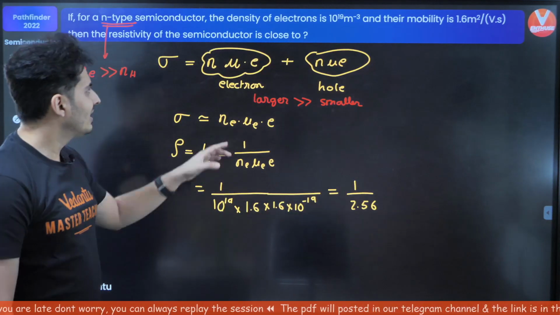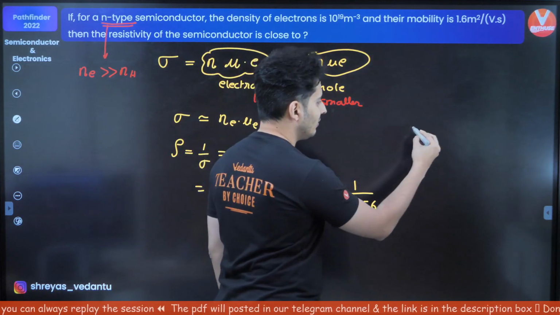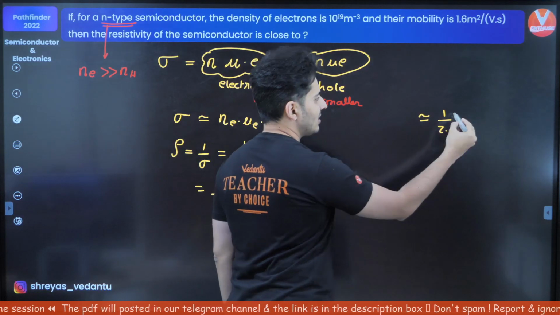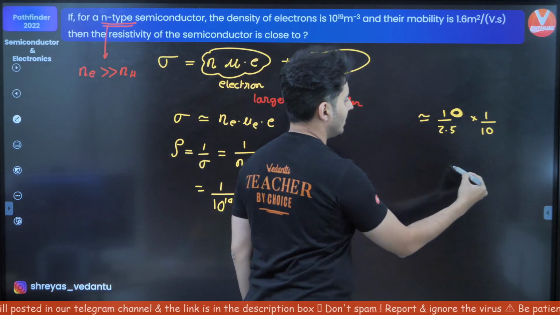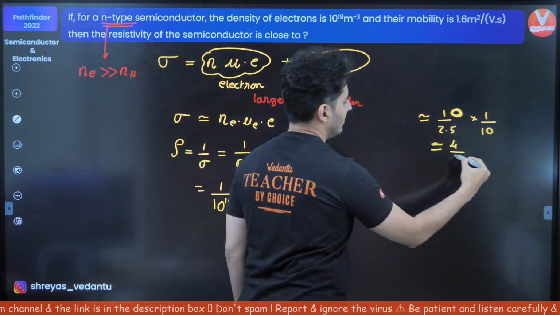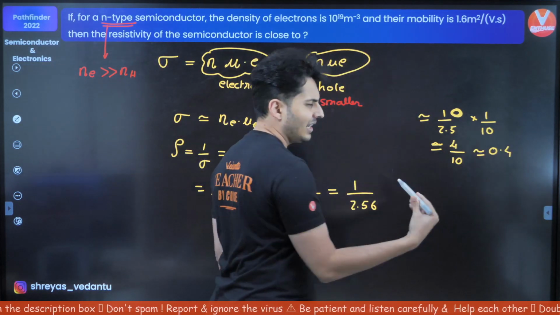1 by 2.56, and it's asked close to. Can I say give or take? Give or take, this is roughly 1 by 2.5. So just put one more 0 here, so you'll have to put 10 over here. 10 by 2.5, that's 4, right? Which is approximately 0.4. Can I do that approximation?